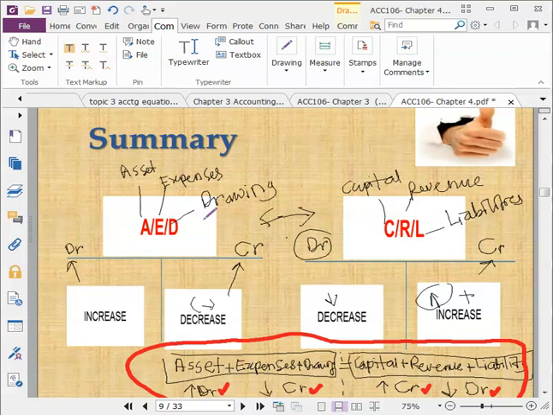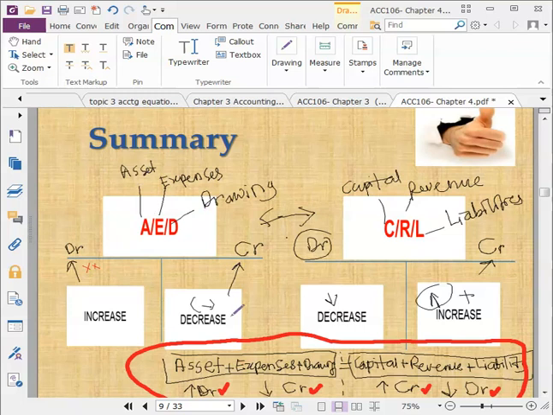So here they put it under the T account so that you will remember. If the T account is for asset, expenses, and drawings, when they increase we should put it under the debit side, at the left side.